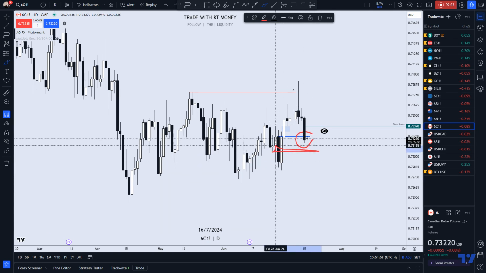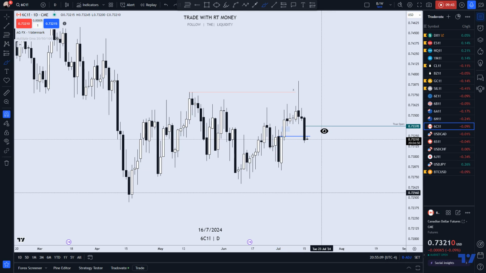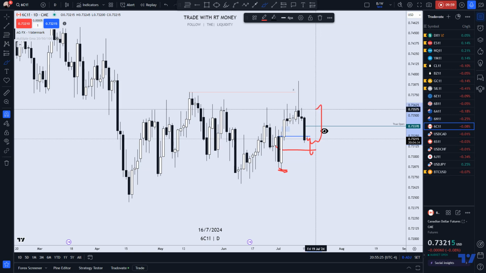If we start to close past the midpoint of this order block, that'll expose the swing low. I hope you understand what I mean. So that'll make the swing low vulnerable if we start to see closes past the midpoint of that order block. I'm looking for price to find support here and then turn around.